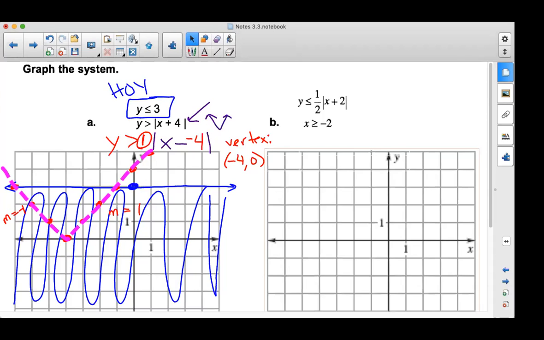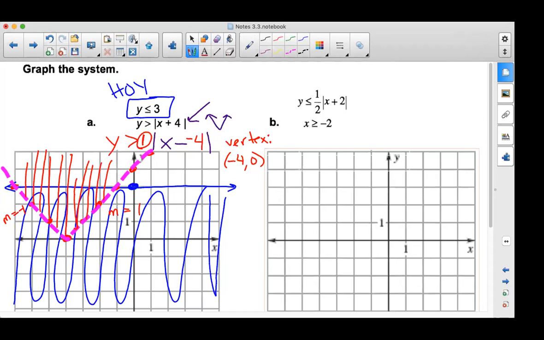Yeah, we're going to shade above. So I'm going to go to a point because y is greater than. I'm going to start with the vertex. I'm going above that point. Another point, greater than is above the point. Over here, above the point. So always think, go to a point on the line, go above that point, that's greater than.